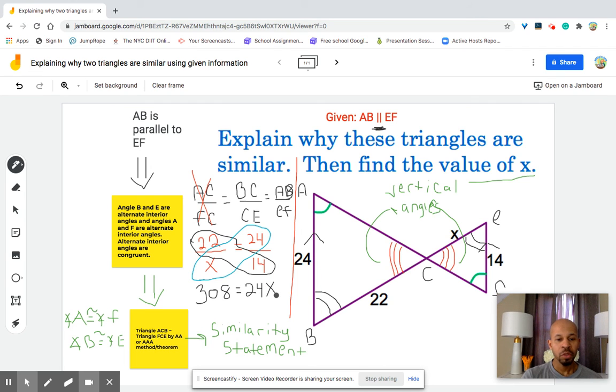All right. So now, what do we have to do to solve for x, right? In order to solve for x, we have to essentially divide, because 24 is being multiplied by x. So we're going to divide by 24 to get x by itself.